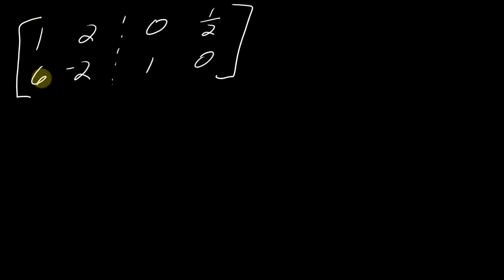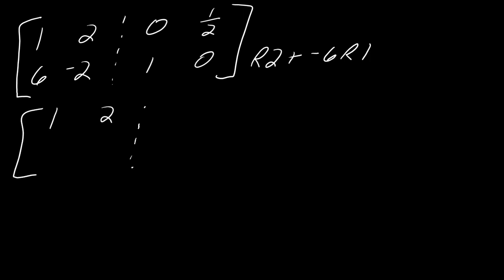And so now that I have my 1 here, I want this to be a 0, right? So I'm going to take row 2 and add -6 times row 1 to it. The first row, nothing's going to happen. And then the last row, this will become a 0. Then I've got -2 plus 2 times -6, which is -12.